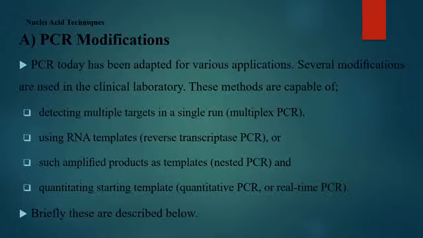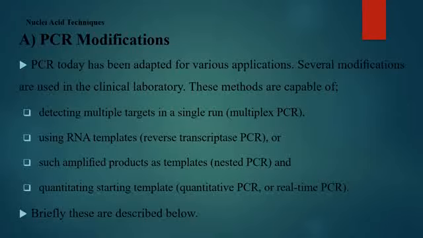There are a number of targets you are looking at. So multiplex PCR. Then you have the reverse transcriptase PCR, that is using the PCR on RNA template instead of DNA template. You remember transcription. Transcription is an event using the RNA. So reverse transcriptase PCR is also another modification.